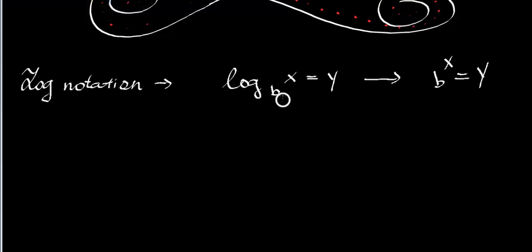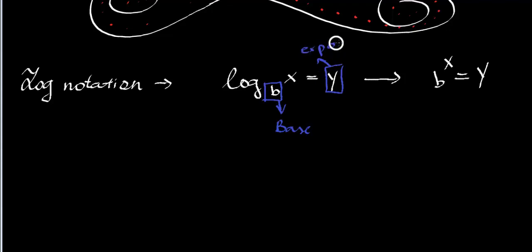Let's use the blue. So the b right here is your base, the base of your exponent. The y, I know you might be thinking, well, it's equals y, so it's your answer, right? It's actually not. It's your exponent.